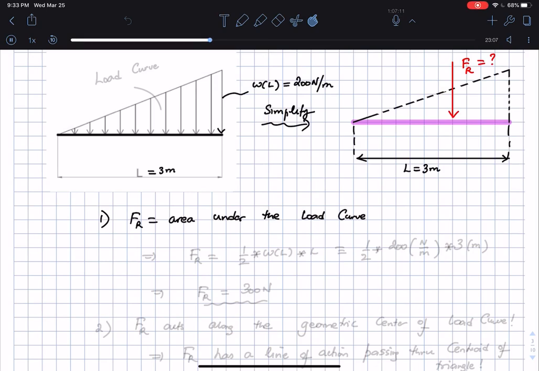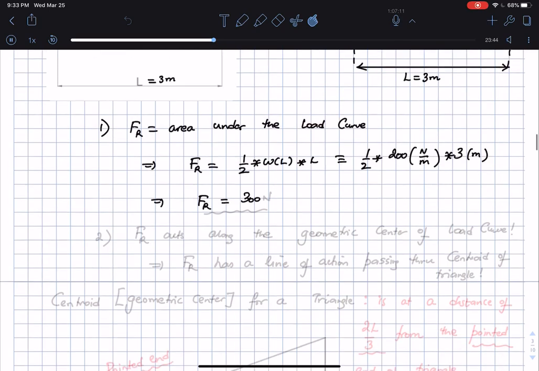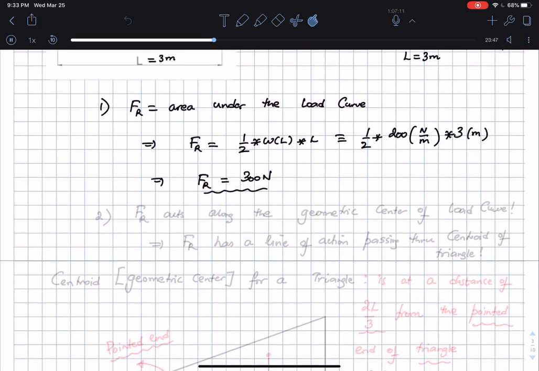This is the load curve for us, and this is a triangular loading, so in this case it is going to be half times W at L times the total length, which is L. So in our case this is half times 200 newtons per meter times a distance of 3 meters, which essentially gives us FR is equal to 100 times 3, or 300 newtons. That is the first thing.